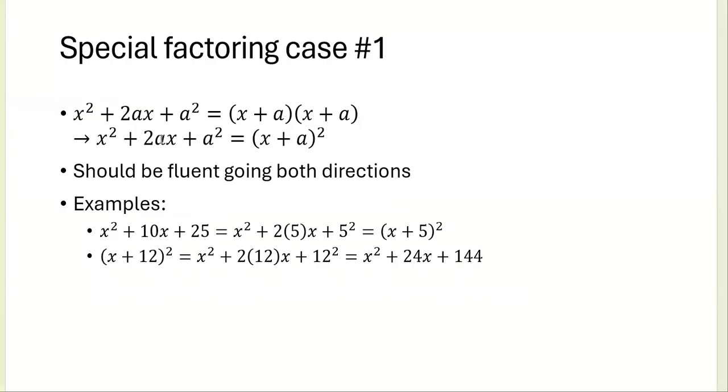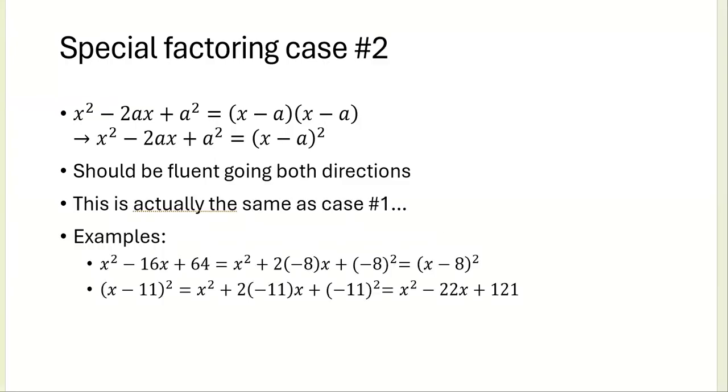So you would get negative a right here, so it'll become a minus 2ax. And then negative a in parentheses, all of it squared, is just a squared. That's why I'm saying it's the same thing. You just replace the plus a with a minus a, and when you simplify it, you get this. Anyway, two examples, x squared minus 16x plus 64.